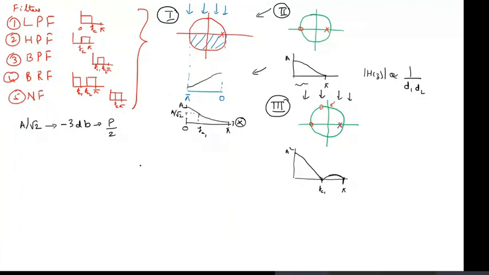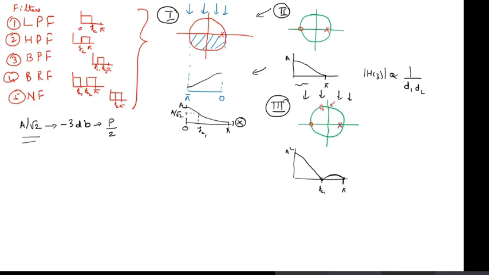Sir, why do we have to place the 0 after pi by 2? Remember what we told, A by root 2. Okay, so if your cutoff is at fc1, you have to place the 0 beyond this pi by 2, and then you can have the fc1.